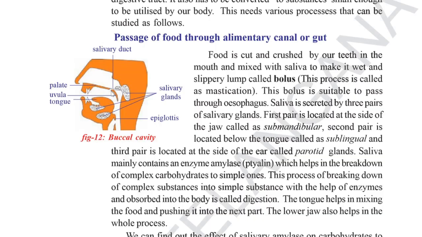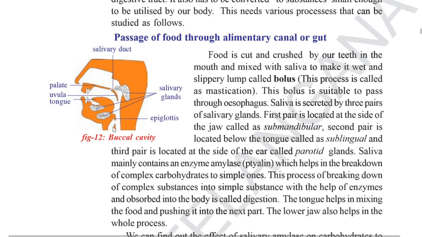And the glands which perform this function are three types of salivary glands: submandibular, sublingual and parotid glands, which produce saliva, and it breaks down the carbohydrates present in the food, and the breaking of carbohydrates starts in the mouth itself. Okay, but not in the stomach. Then further carbohydrate breakdown takes place in the small intestine, but the start takes place in the mouth.